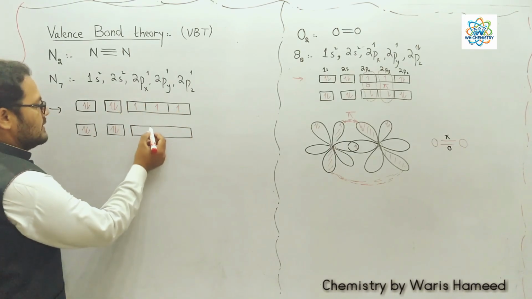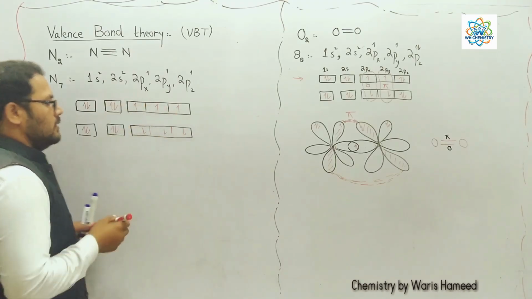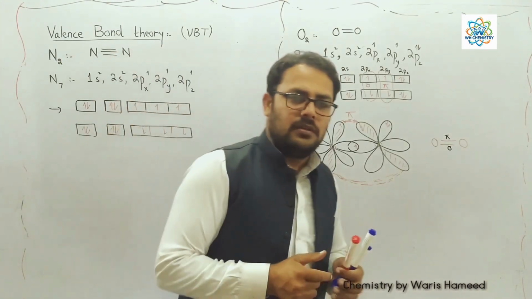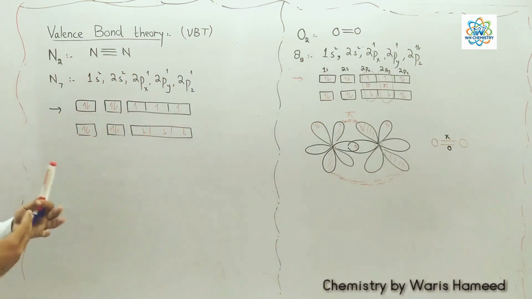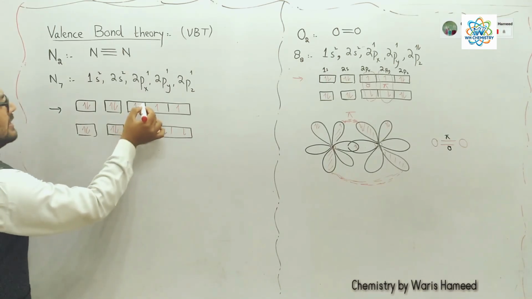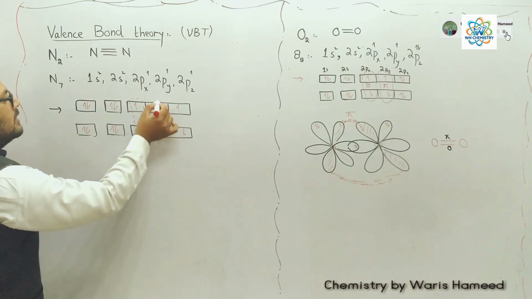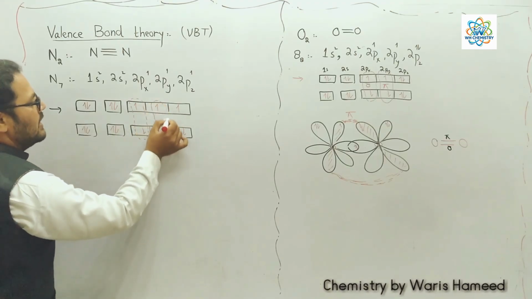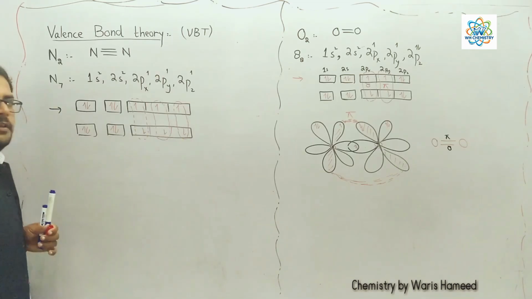In this case, there should be opposite spin of the electrons that are going to overlap for the covalent bond. Now this px will overlap with another px, this py will overlap with another py, and this pz will overlap with another pz.